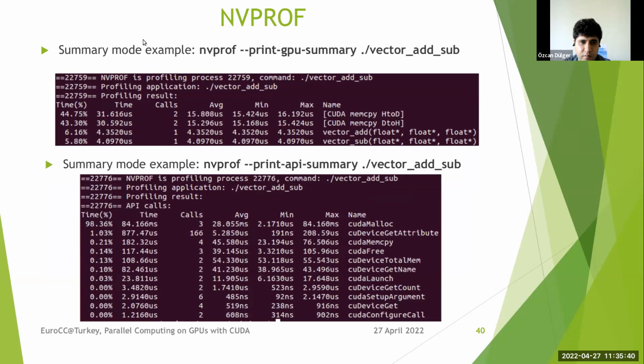In summary mode, if we use this flag, print-gpu-summary, it only prints the information of CUDA kernels, CUDA memcpy, and CUDA memset operations. Here, same information, we filter it by using this flag. If you use this flag, print-api-summary, it will list the information of API calls.